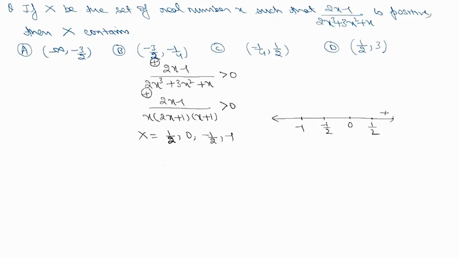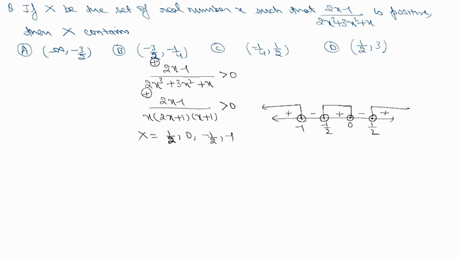So this is plus, minus, plus, minus, and plus. Now what do we need? We need greater than 0. Greater than 0 is obviously plus. So the answer to this question is either x is less than minus 1, or it lies between minus half and 0, or it is greater than 1 by 2. Now we look at our options.